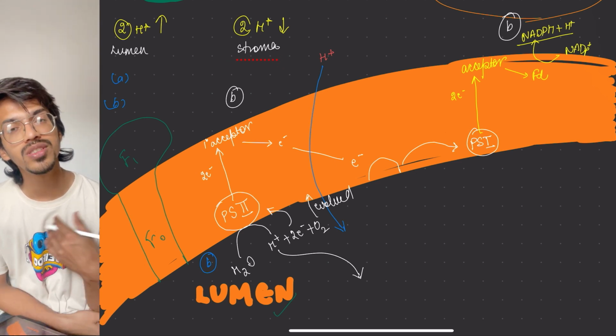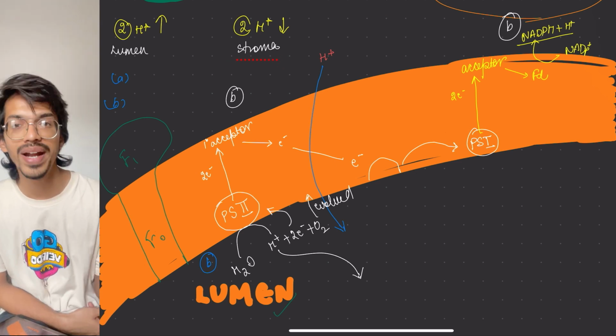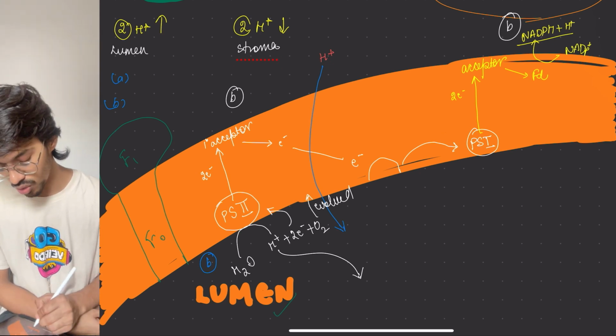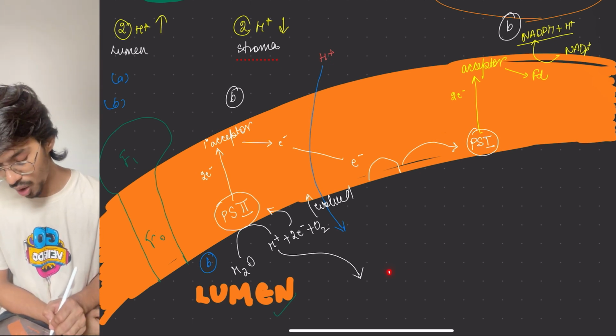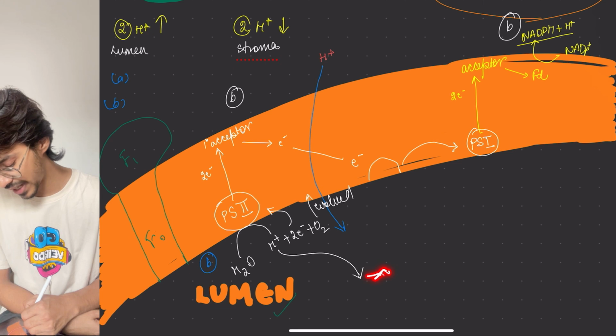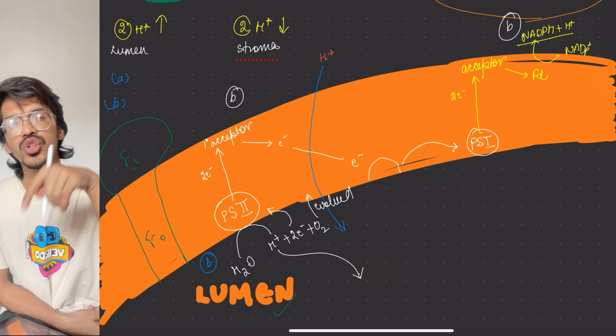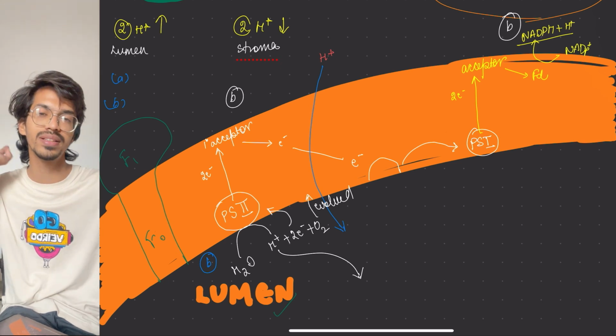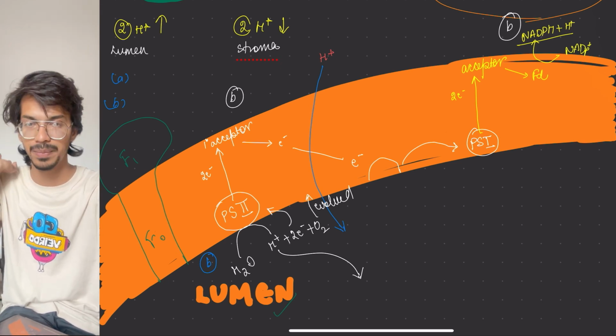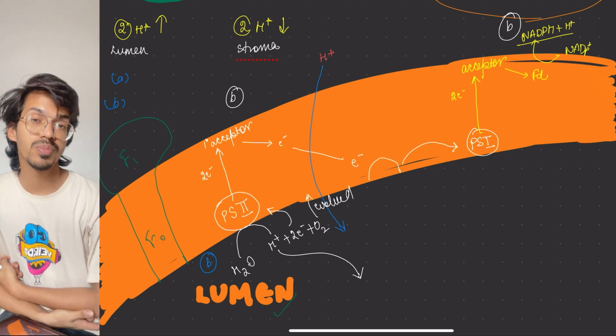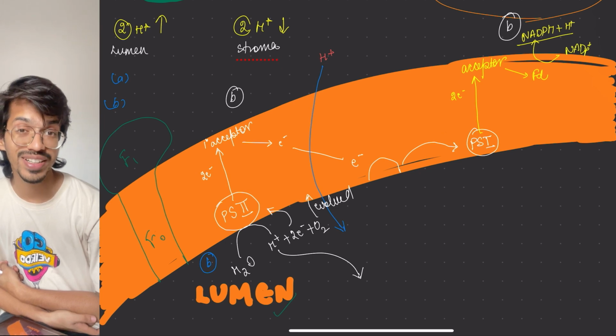But I told you, to start the system it requires ATP. Now ATP is not present on the lumen side. How will it be present? If H positive goes inside. So certain H positive goes for the initiation of the process so that it can switch on. Once switched on, no one is going there. It is making ATP, ATP, ATP. Well, that's about the chemiosmotic hypothesis. I hope you understood.